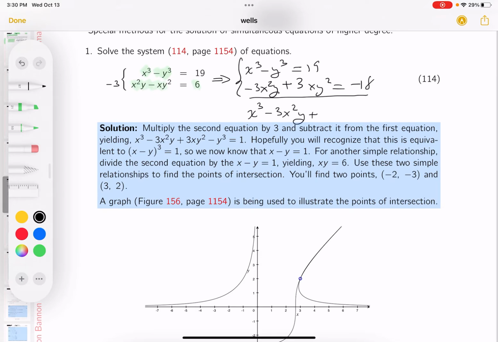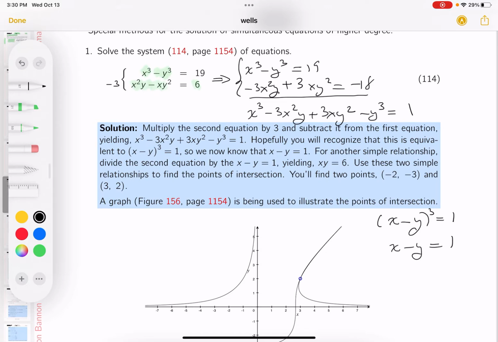I'm just copying it down, by the way. And what does this tell me? It tells me x minus y cubed is equal to 1. Well, that looks pretty simple. So what does it tell me? X minus y would have to be equal to 1.